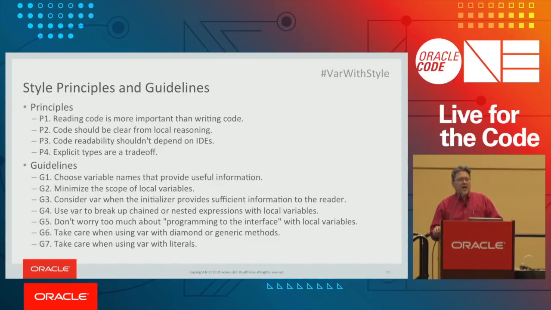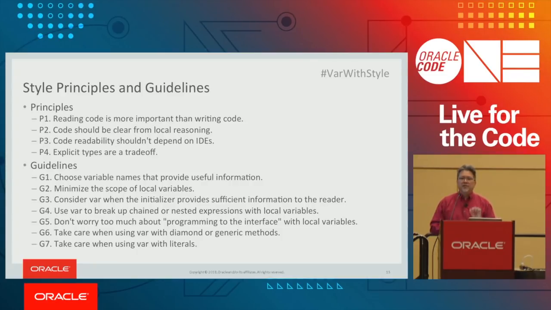Code readability shouldn't depend on IDEs. One of the arguments we often hear is, well, you don't ever need the explicit type because you can always point at a variable in your IDE and it will tell you the type. Most IDEs do have that feature, and that's very nice and very useful.